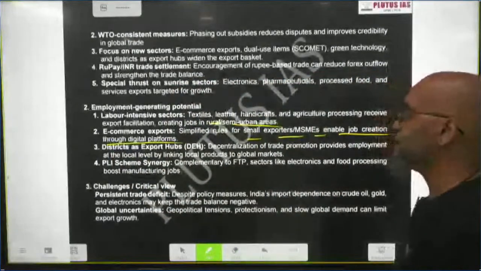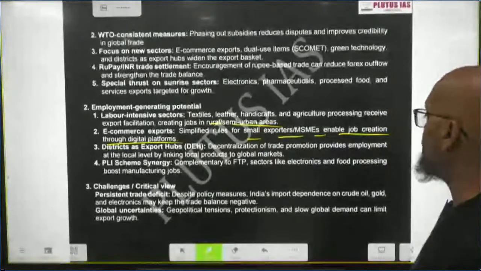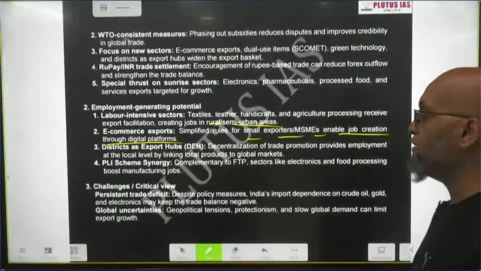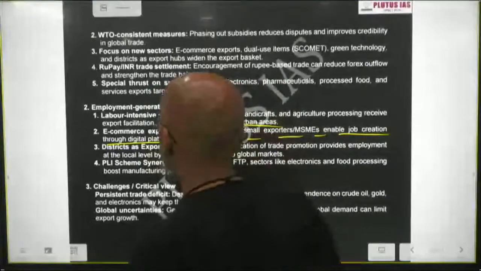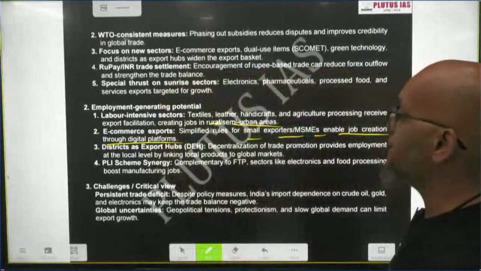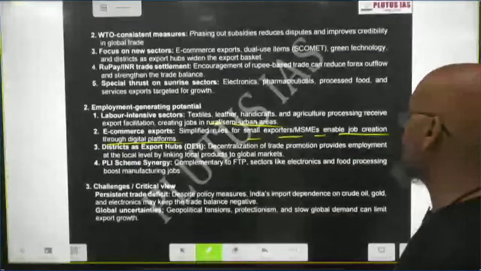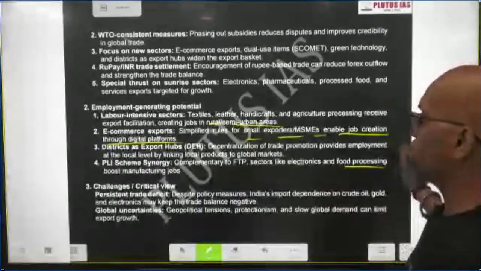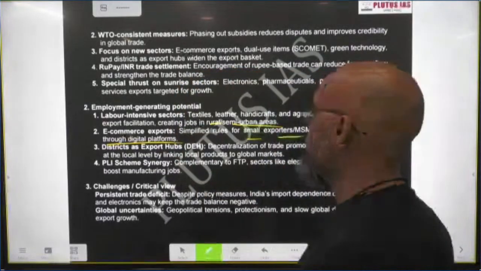Districts as export hubs: decentralization of trade promotion provides employment at the local level by linking local products to global markets. PLI scheme synergy, complementary to FTP sectors like electronics and food processing, boosts manufacturing jobs. Then challenges and critical view.